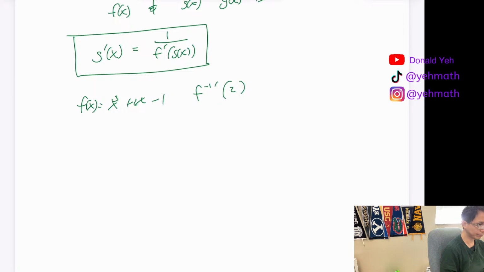No, because it's not monotonic. It is monotonic. Graph it. It keeps on going up. Graph it. Don't believe anything I say.